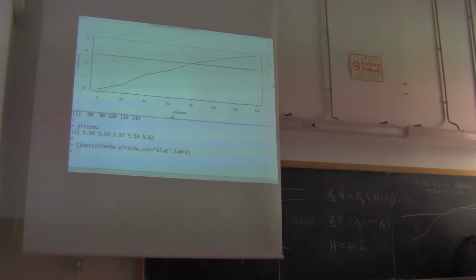It's from 80 to 140, it's 60 meters. And if I describe it only with 5 points, the approximation is very rough. So my question is, why don't we try to interpolate it, to describe it with more points?